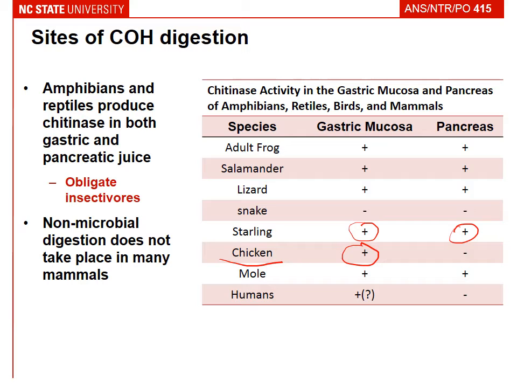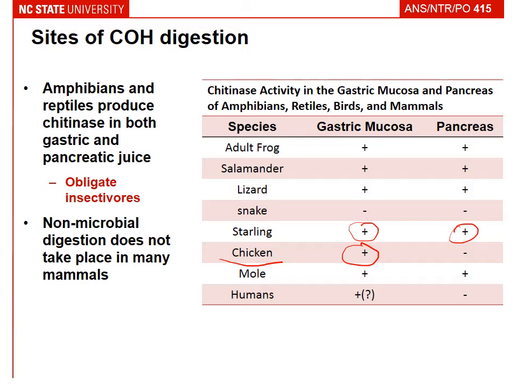And we do have a couple, like the chicken here, which has the chitinase released from the gastric mucosa. Chickens are omnivorous. They're not obligate insectivores, so they don't really need it in the pancreas. Compare that to another avian species, the starling, which has both the gastric mucosa and the pancreas having the chitinase. Now, interestingly, some people actually do have chitinase activity.